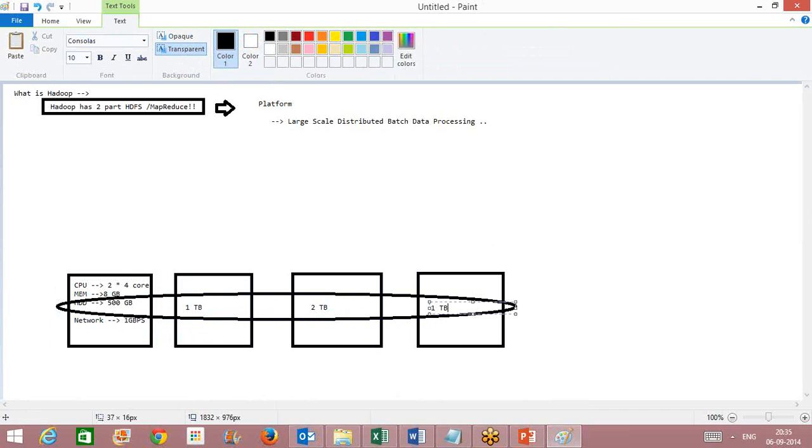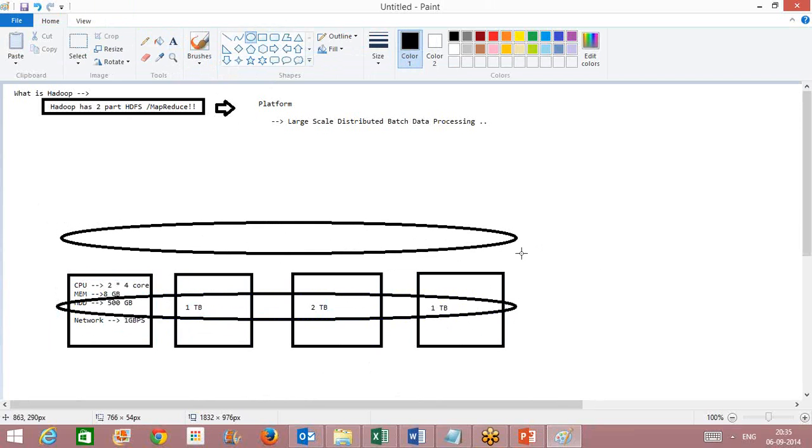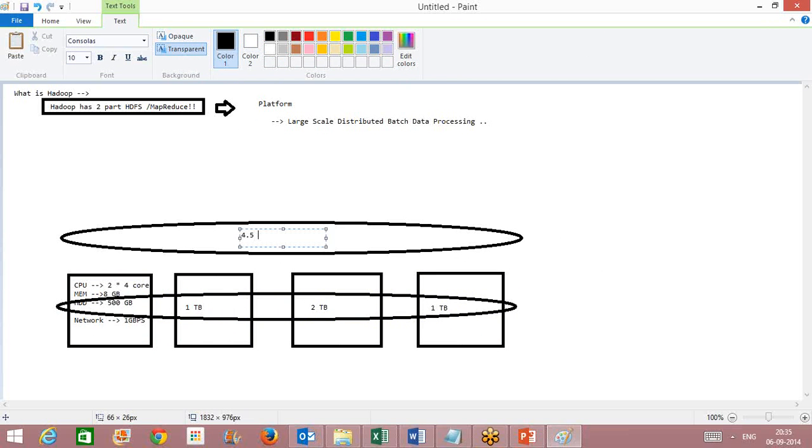So essentially, when I have these machines, I have 4.5 TB of hard disk. What I essentially want is, I don't want to manage these machines individually. I want to view it as 4.5 terabytes of space, a distributed file system. I want to see it this way.